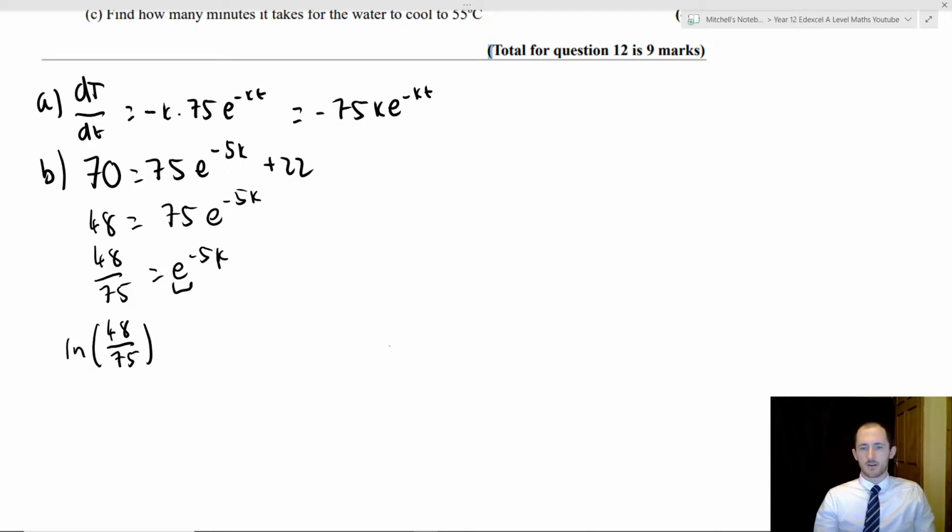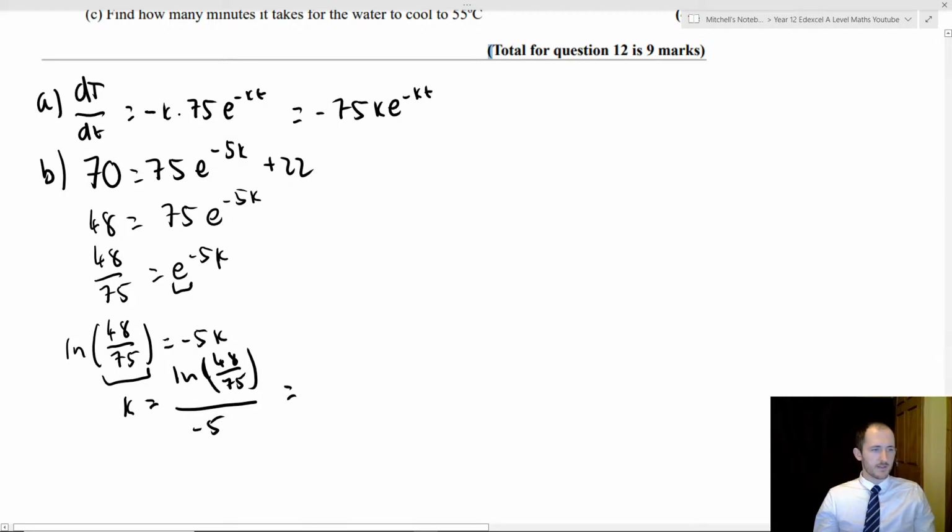So we're taking log to the base e, which is ln. And there's a negative, but that's a good thing, because this fraction is less than 1. So we have ln of 48 over 75, over minus 5, will give me the answer.